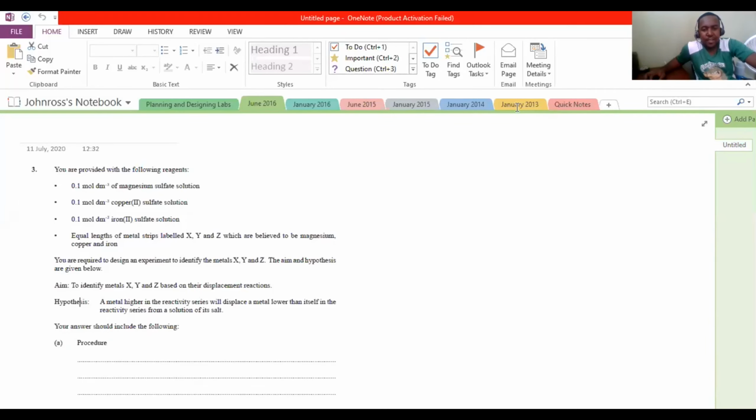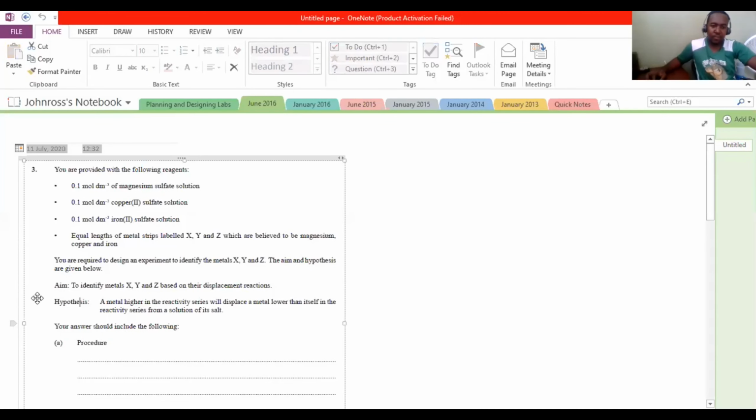So without looking at the hypothesis or the aim, let's say the question was just that part. We weren't provided with the aim or the hypothesis. How would you know which topic it would be under?